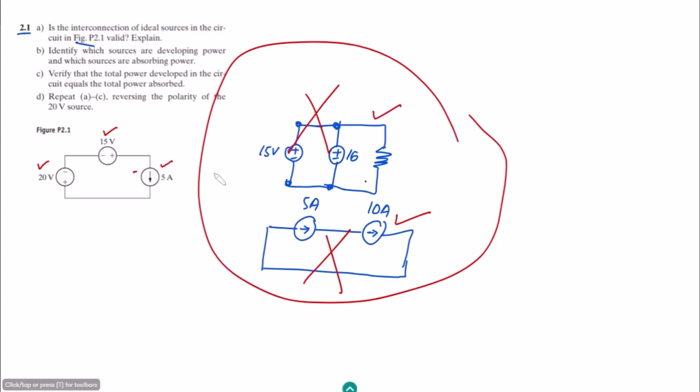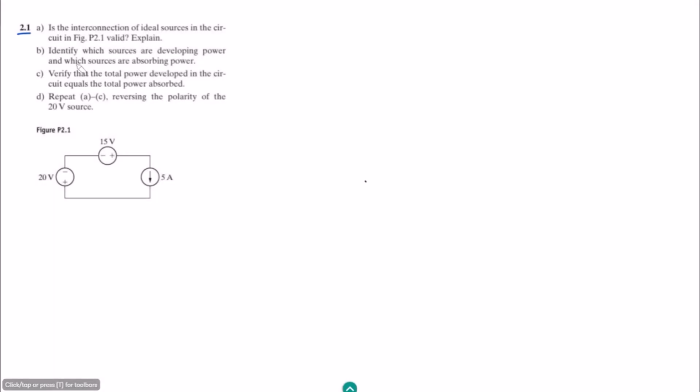Okay, so let me remove it. In part B of my question, identify which sources are developing power and which sources are absorbing power. To discuss which sources absorb and which develop power, let us first consider this current which is flowing in the clockwise direction. Considering this one, we can see that this current flows from positive to negative.